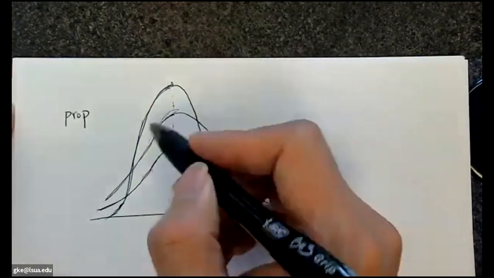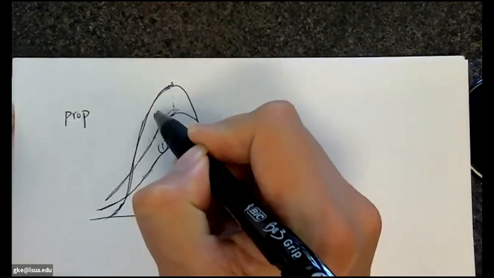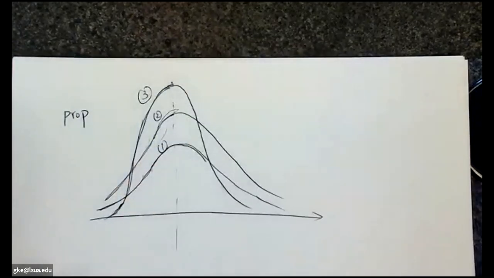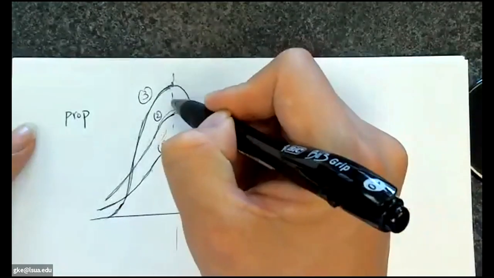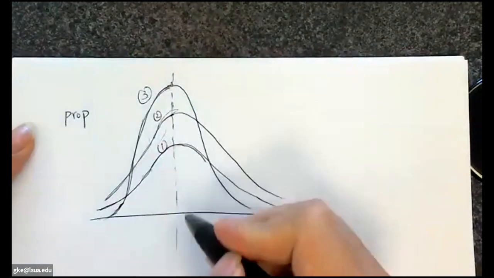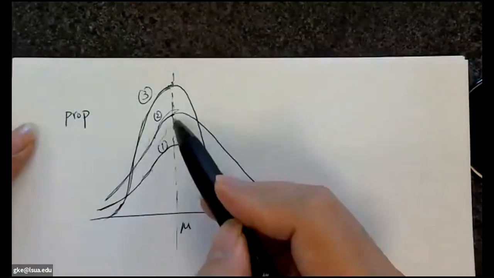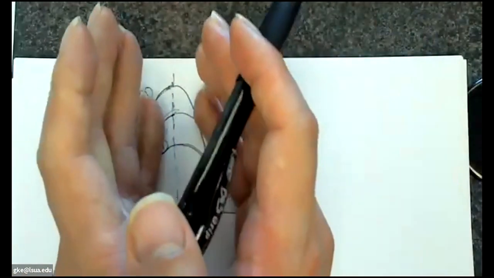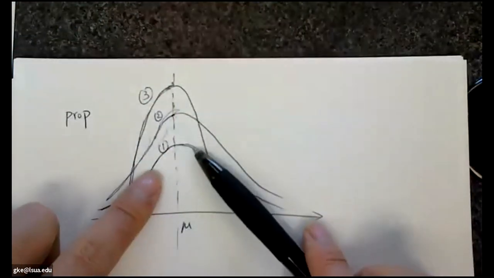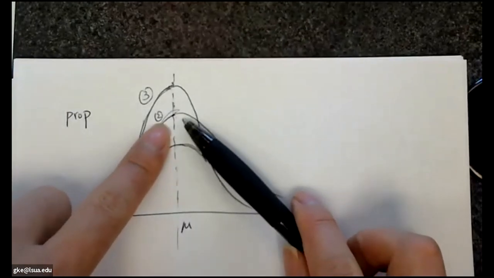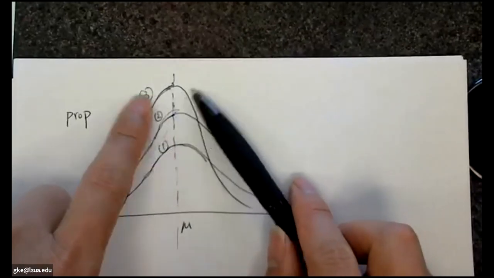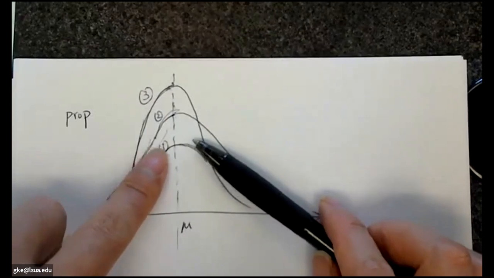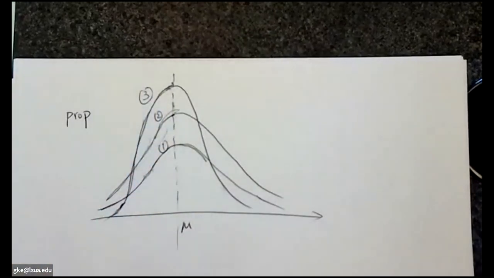The third curve, I put 1, 2, 3, okay? These three curves become sharper and sharper, or narrower and narrower, right? The curve goes from flat to narrow, or the shape becomes sharper and sharper, okay?